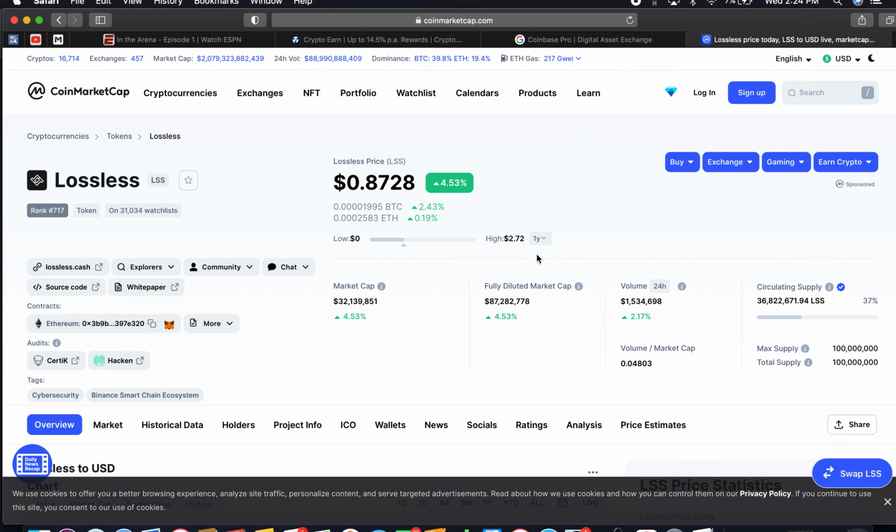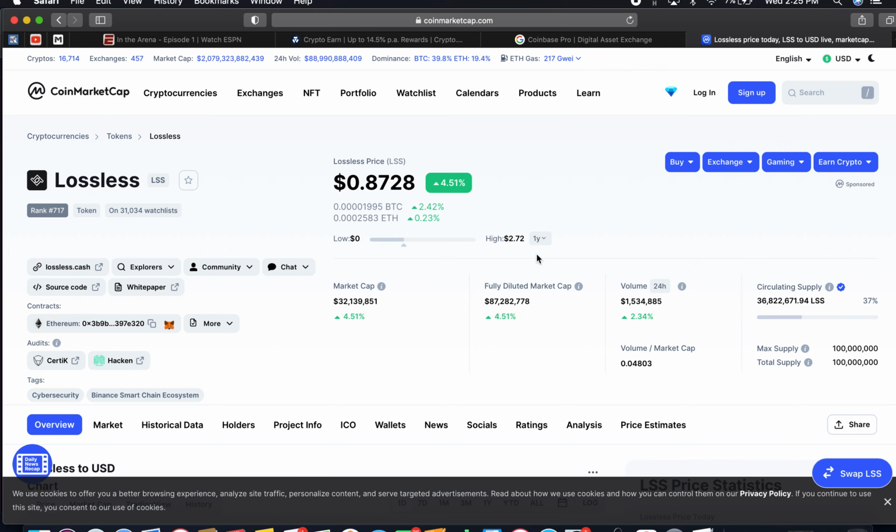What the purpose of Lossless is, I explained this before, but basically these dApps or exchanges or whatever can embed a special code into their coding, and then if the exchange gets hacked, they can immediately stop the funds or freeze the transaction, so people can't steal money.